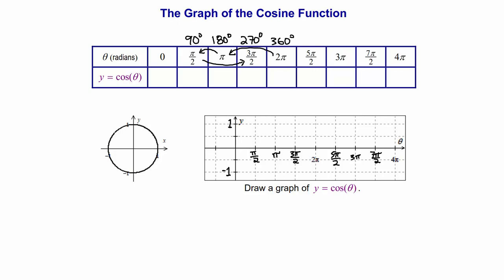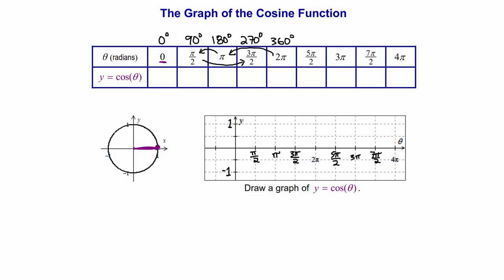All right, now let's go ahead and rotate around the circle and extract some values for the cosine function. So we'll start with 0 radians, or in degrees, let's just say 0 degrees. And that means that we're here in standard position on our unit circle. We haven't rotated at all yet. We're on the positive x-axis.